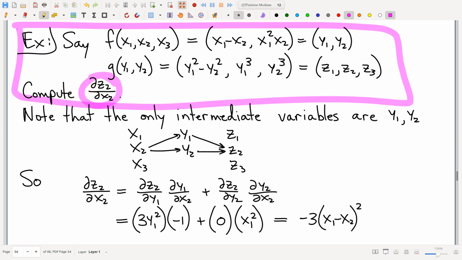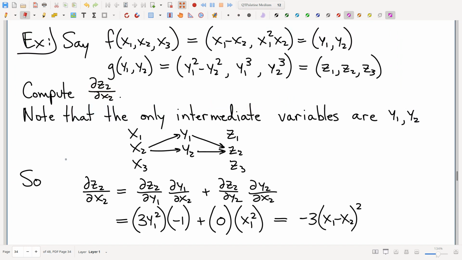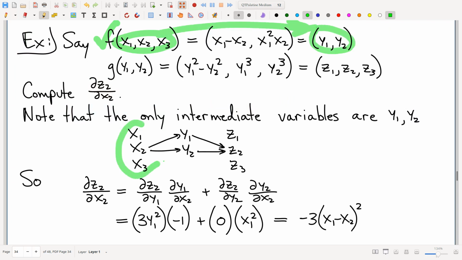Right? Really, really important. Please draw the diagram. Cannot emphasize that enough. So let's think about what the corresponding diagram is here. Let's see here. The function f takes x1, x2, x3 as the inputs, and y1, y2 are my outputs. So boom, there you go.